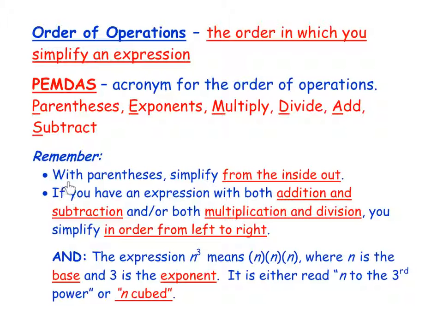So first of all, when you have parentheses, you must simplify from the inside out. And I'll show you what that means. So simplify from the inside out. If you have an expression with both addition and subtraction, or with multiplication and division, you simplify in order from left to right.